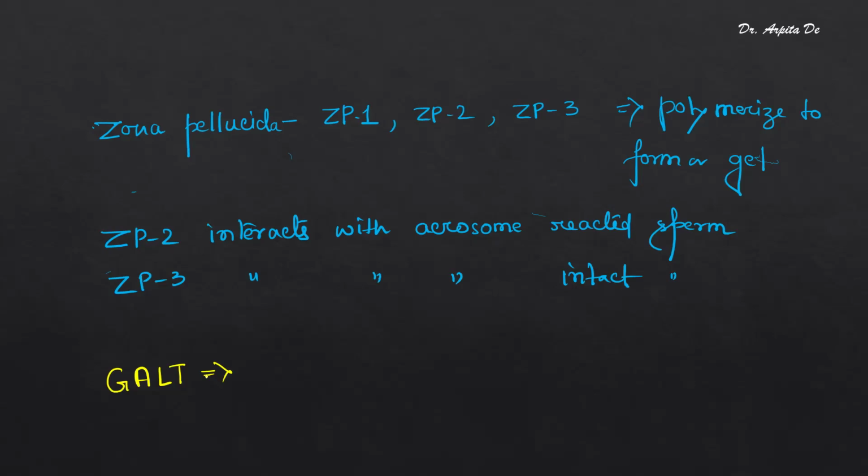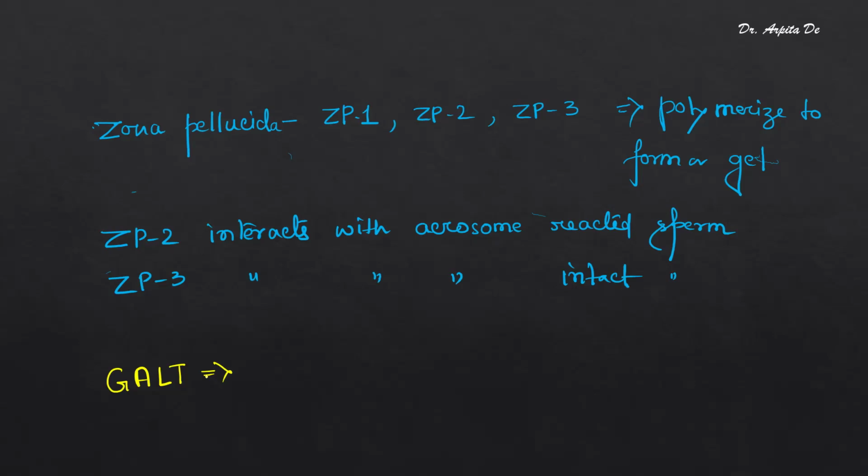This cross-linking activates specific G protein in the sperm membrane, and it initiates a cascade that opens the membrane calcium channel and results in calcium-mediated exocytosis of the acrosomal vesicle. Now, Izumo protein of sperm reacts with Juno protein of egg microvilli.